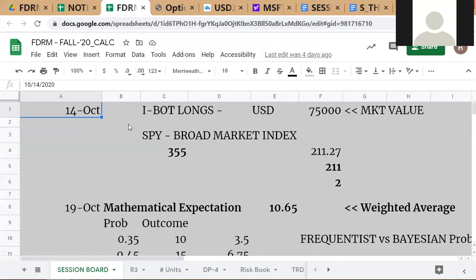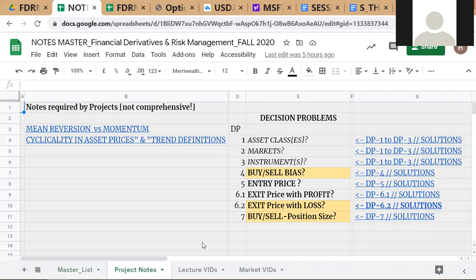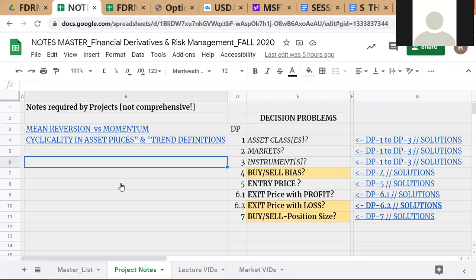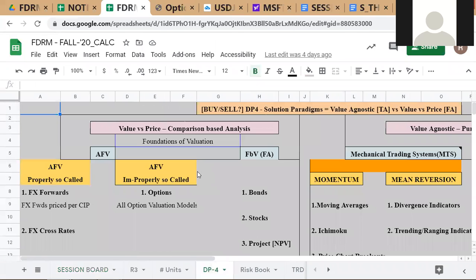If you remember when we discussed this particular decision problem of deciding the buy-sell bias, the DP4 solutions, okay? When we had discussed the DP4 solutions, I gave you a fairly extensive format, and we discussed with reference to this.